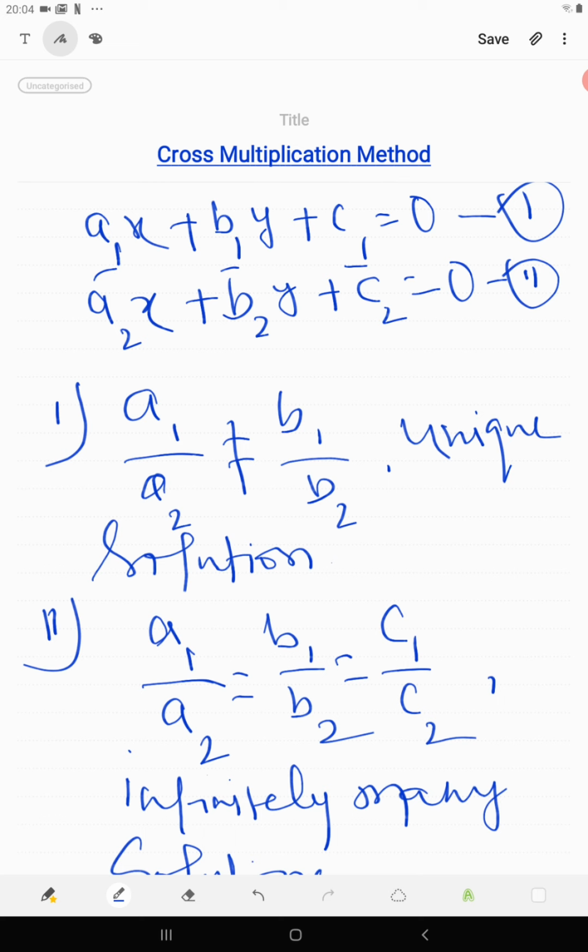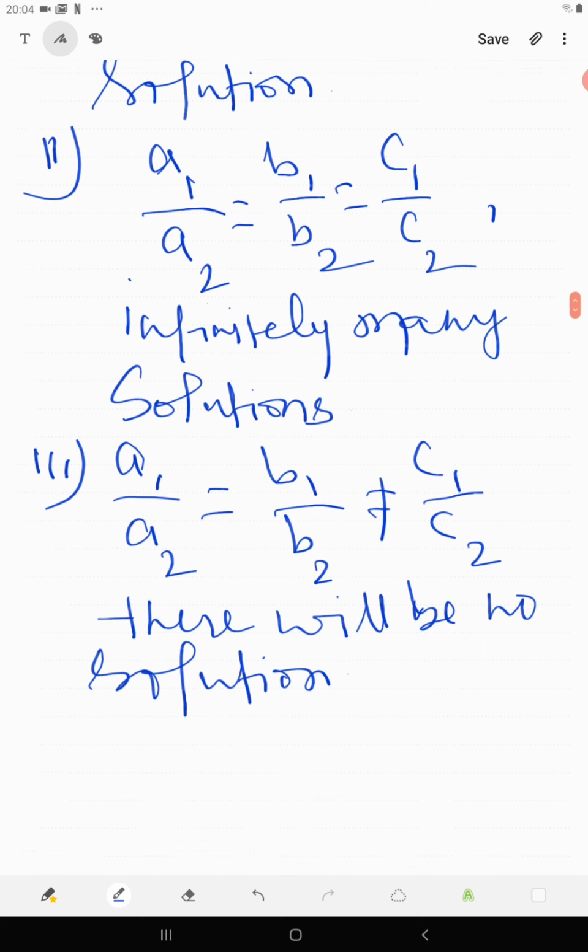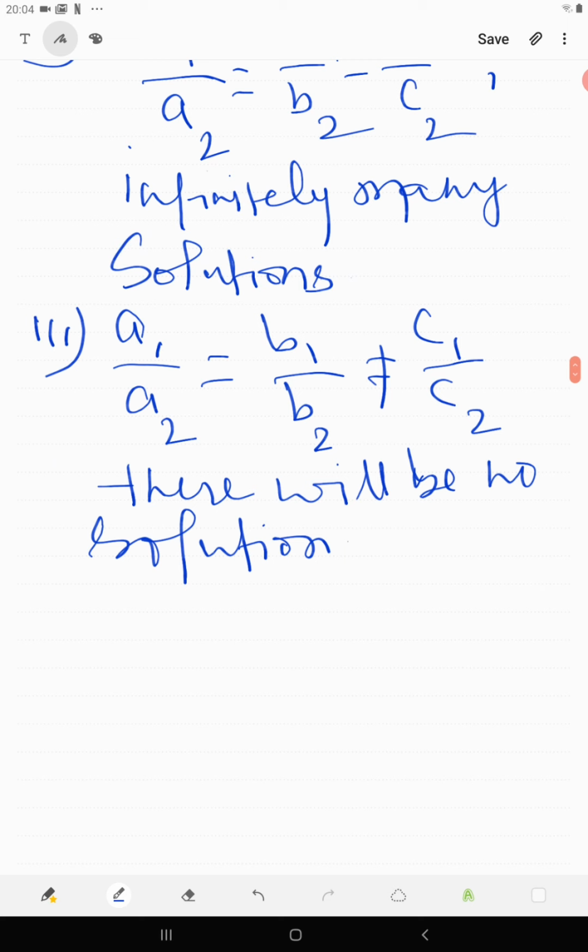And for the second equation, a2 is the coefficient of x, b2 is the coefficient of y, and c2 is the constant. So these are the conditions under which we get a unique solution, infinitely many solutions, or no solution.